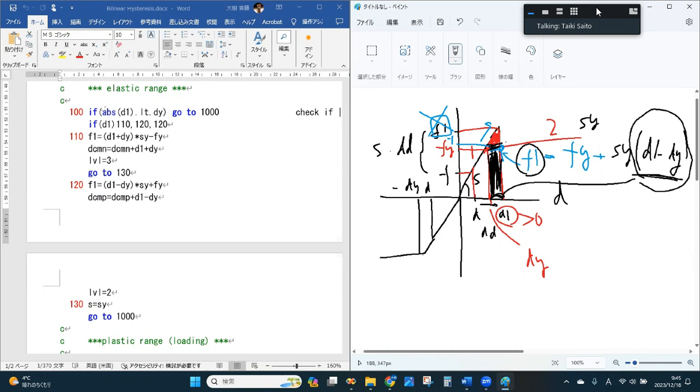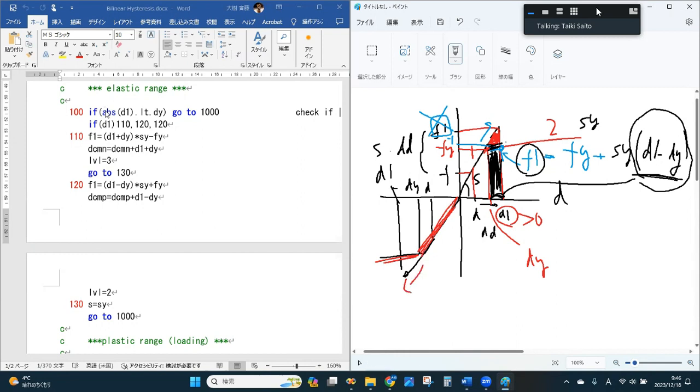And if your new deformation D1 is here, this is a slope, but you go up.